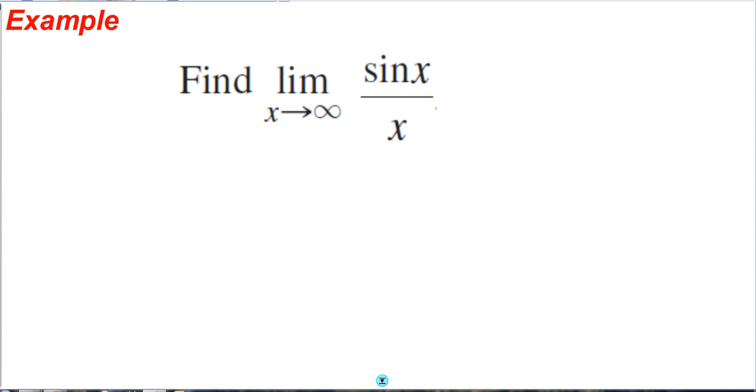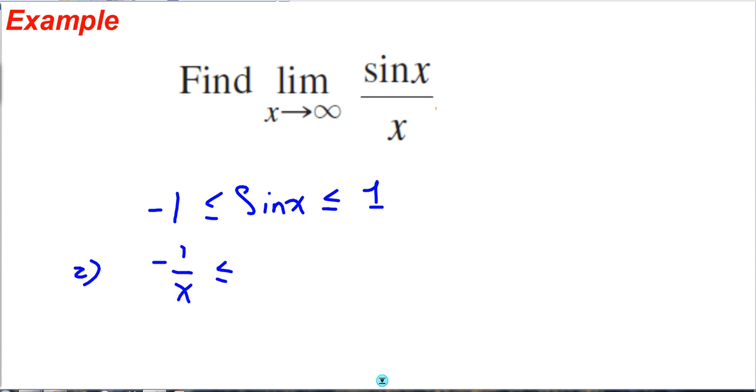Now we have to use one of the rules that we learned before, the squeeze theorem. We remember that sine x lies between 1 and negative 1. Now we can multiply this by 1 over x. So you get negative 1 over x is less than or equal to 1 over x times sine x, less than or equal to 1 over x.